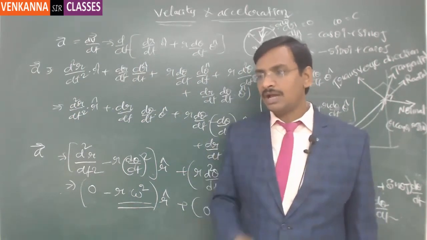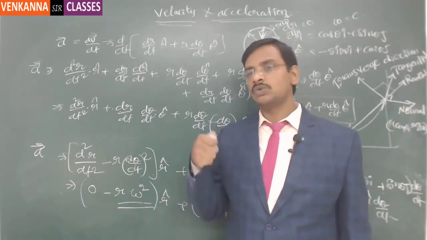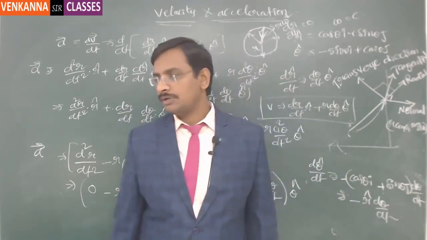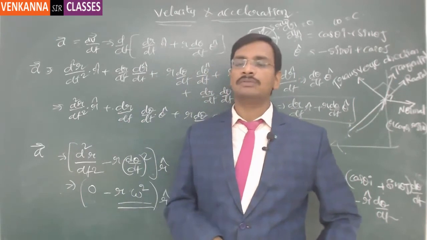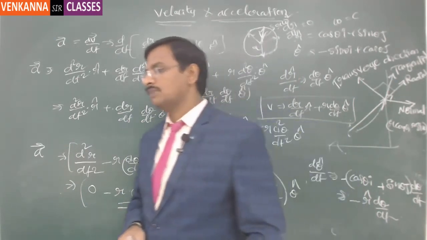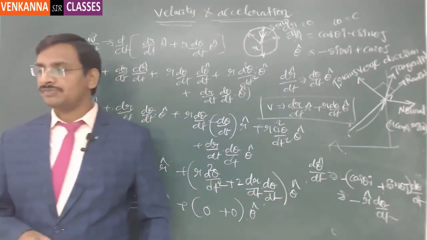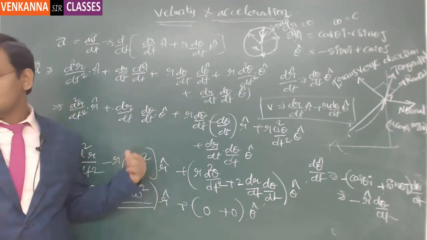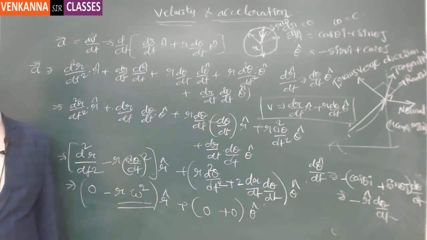The path of the travel is in a circular fashion, but the acceleration direction is towards the center. It always tries to push towards the center. Got it? And that is the component responsible for the centripetal force in a circular fashion. If the particle is moving in a circular manner, the centripetal acceleration is nothing but minus r omega square, in case of constant angular velocity in a circle.